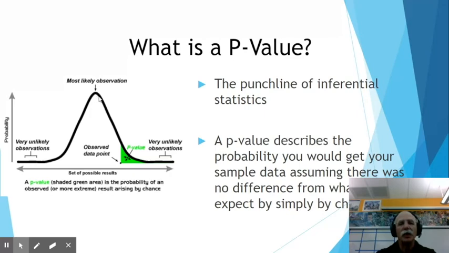My 52 heads was down here somewhere, so that still has a pretty high chance of happening. Now when I get out to 60 heads, I'm starting to get out in this end. And what I'm going to say is, yes, it is possible, but there's only a 2% chance of it happening if it's really 50%. And so I say I have pretty strong evidence that it's not 50%.